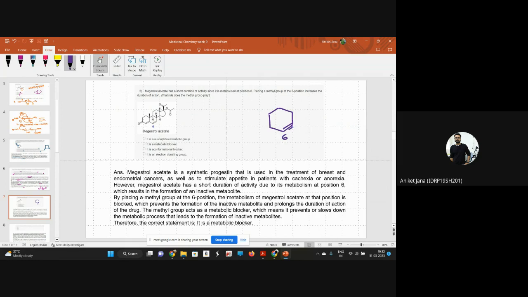There is a double bond, right? Yes, a conjugated double bond, and a ketone is also present. So it is very easily metabolized at position 6, and when we introduce a methyl group in this position, it increases the duration of action.